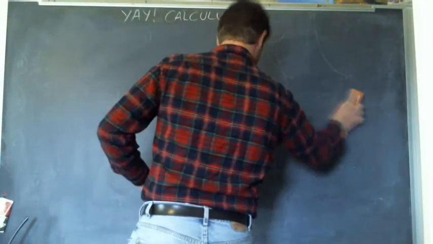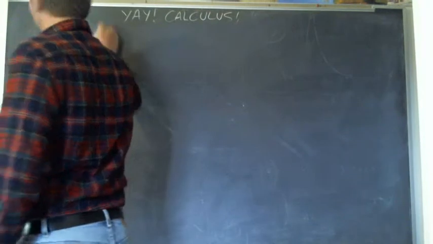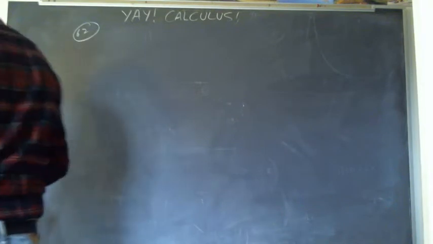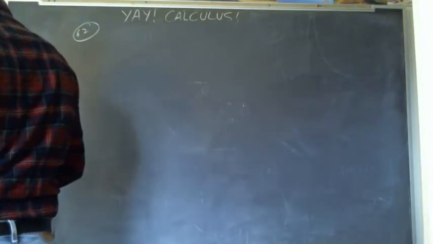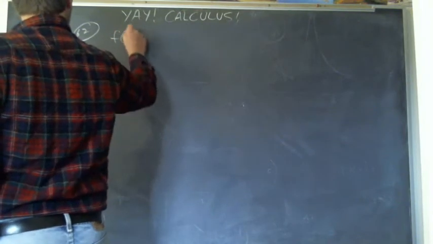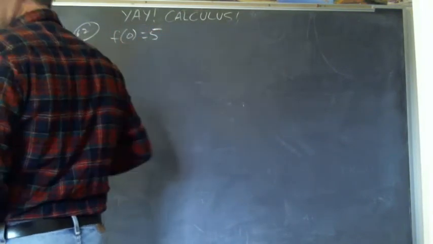All right, 62. Let's take a look. Let's do a sketch graph of continuous function f with f of 0 equals 5, f prime. All right, so we know that we want to sketch f of 0 equals 5 is our first clue.